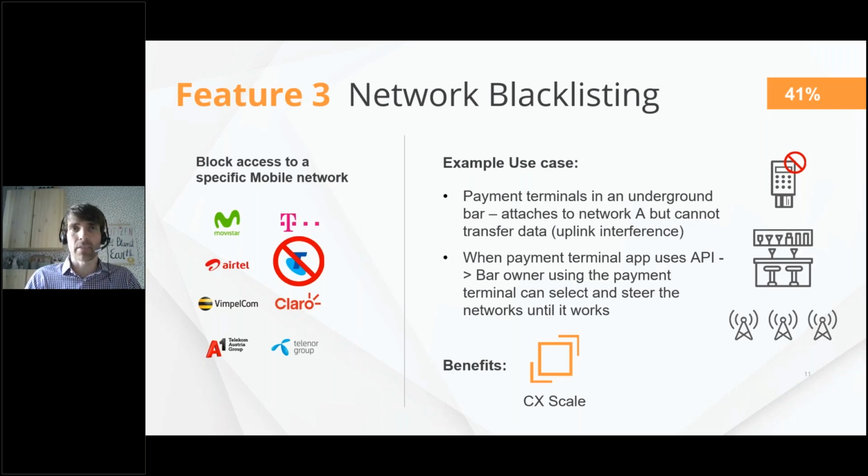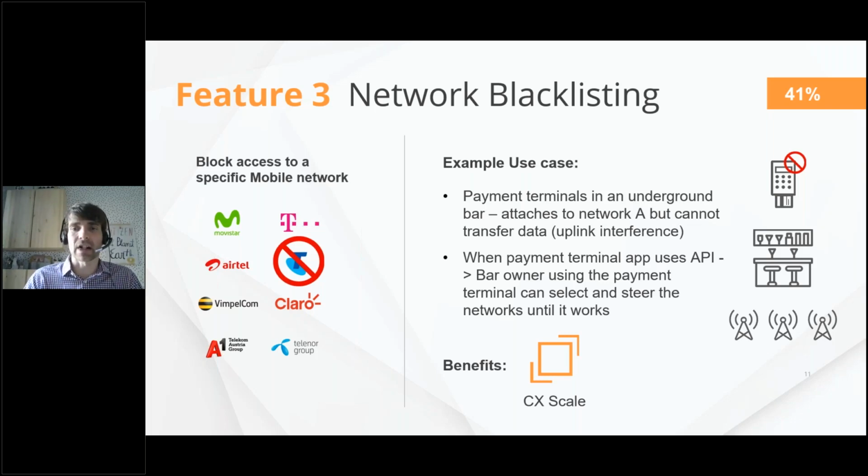So they block, especially in stationary use cases, the one network, so that, let's say, the payment terminal that is in a bar somewhere underground is not connecting anymore to Vodafone, but takes the next network, 3UK, and there it's working.